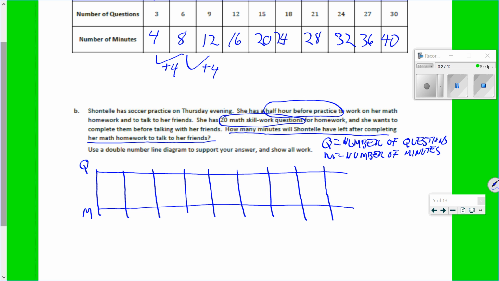All right, so we've labeled and we've defined our variables. So where do we start? What's the first numbers we put down there? Zero. We start at 0. And then from there, we just fill in the numbers from the table.